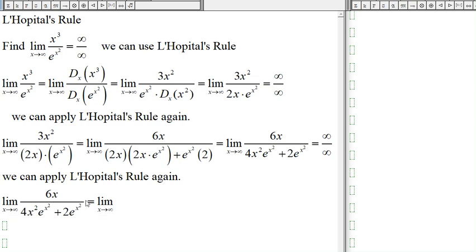So take the derivative of the top, and again we get 6. And the bottom has a 4 times the derivative of x squared e to the x squared, which we can do as a product, like earlier.